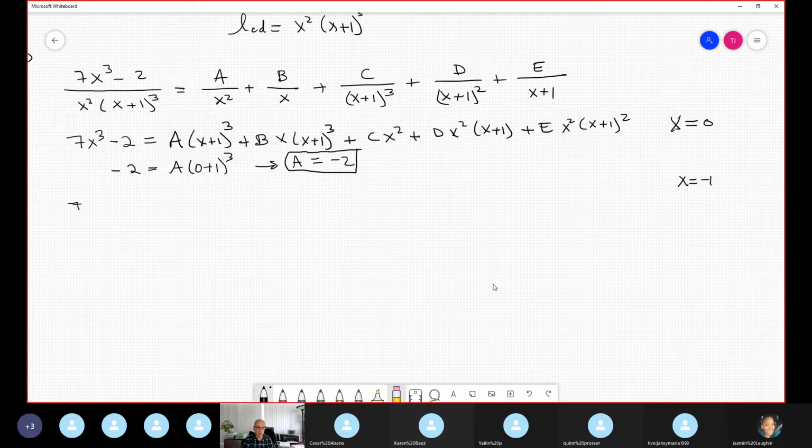This is 7 times -1 cubed minus 2. -1 cubed is -1, and -1 times 7 is -7, and -7 and -2 together is -9. The -9 is equal to C. The rest is 0. Now, (-1) squared is 1. The conclusion is C is -9.